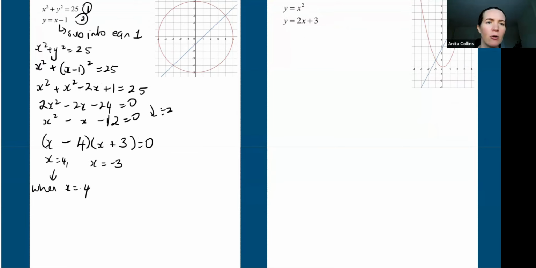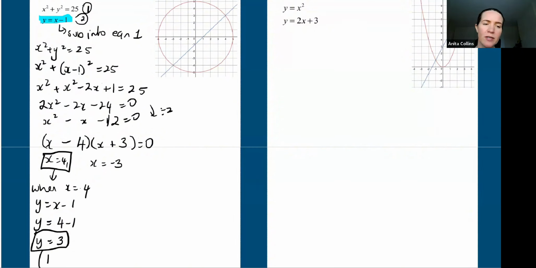So I'm going to come back up to this equation here, where y is already the subject. So I know that y is equal to x minus 1. I'm going to sub 4 in for x. y is equal to 3. So now I've got an x value and a y value, which gives me the coordinates 4, 3.